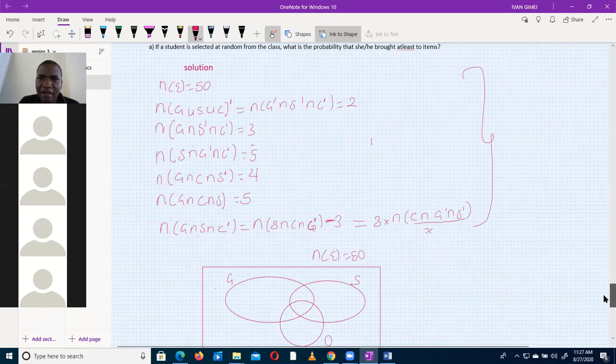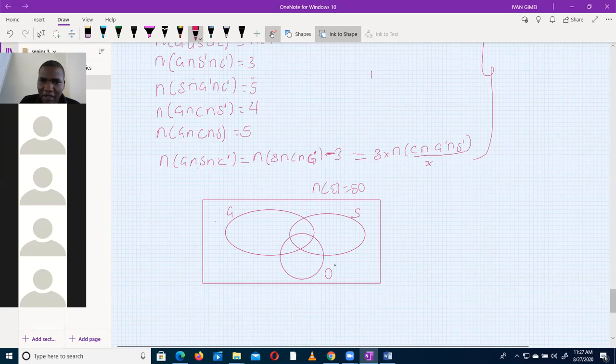Those who brought nothing, there are 2. Students, you tell them to bring something, they come with nothing. This should be the region for the calculator. Yes, perfect. So this one has a calculator.